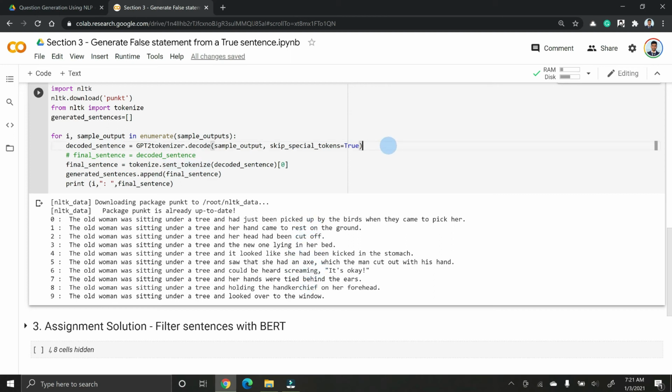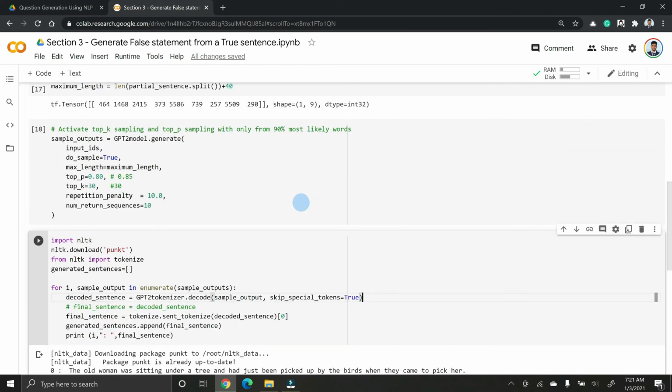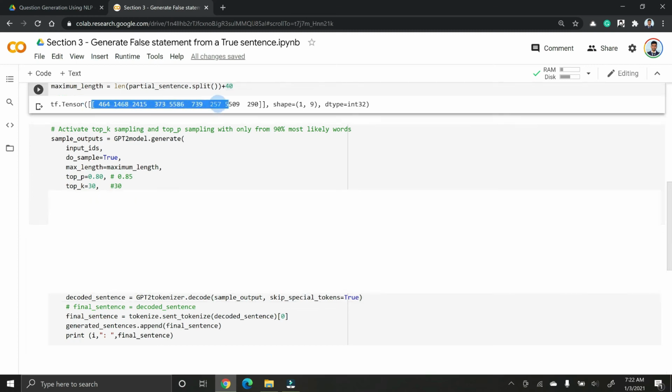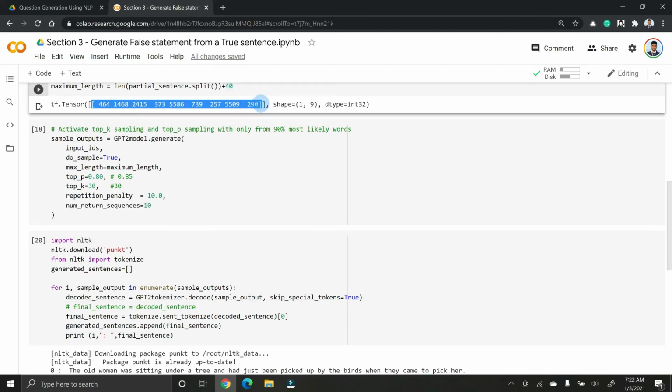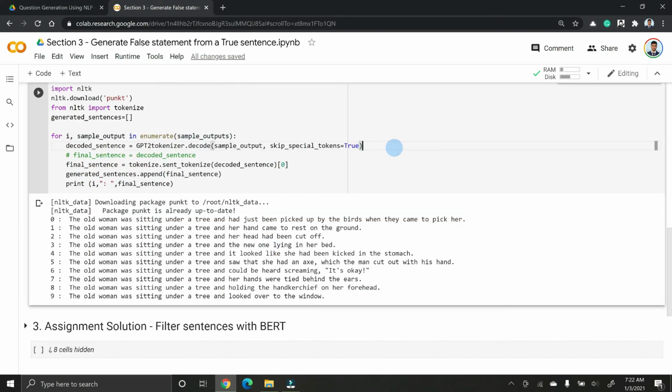If you look in this code, again when GPT-2 generates something, GPT-2 takes input as our partial sentence, something like this, and generates output that is again in these numbers. Just like we encoded, we also need to decode the output that is also again in numbers.